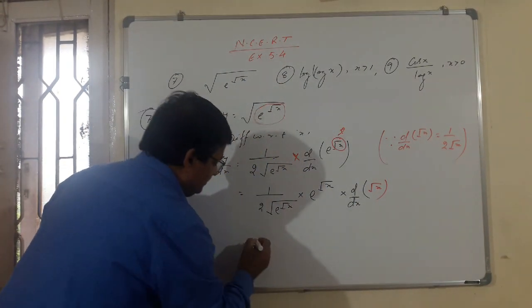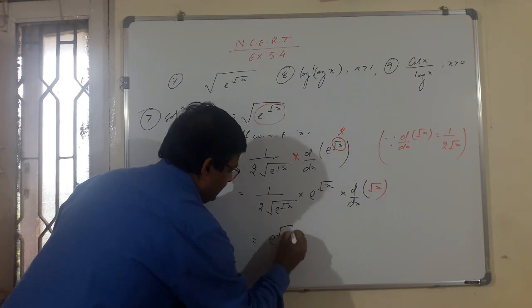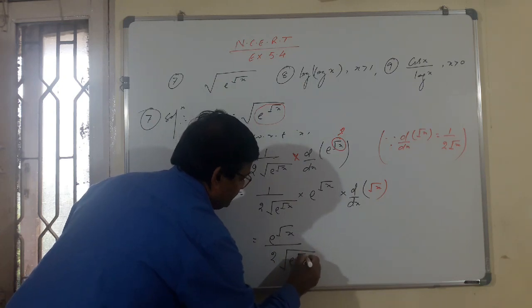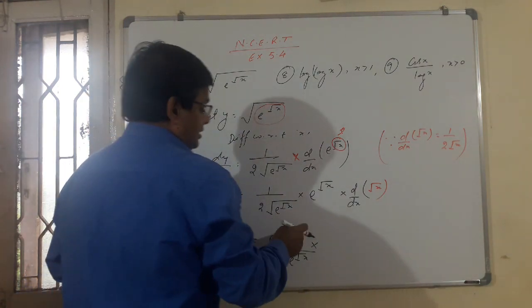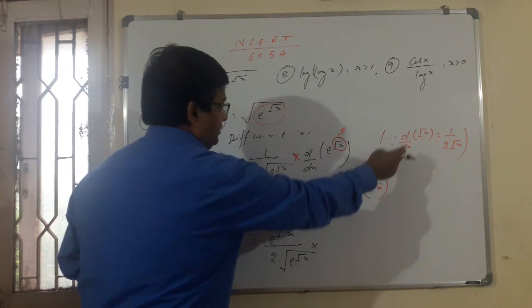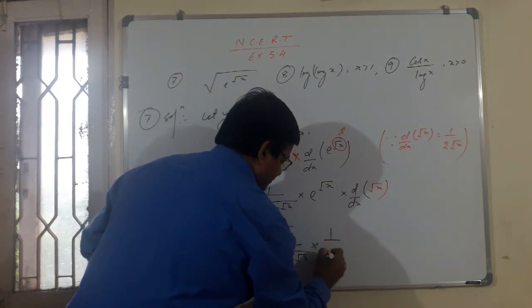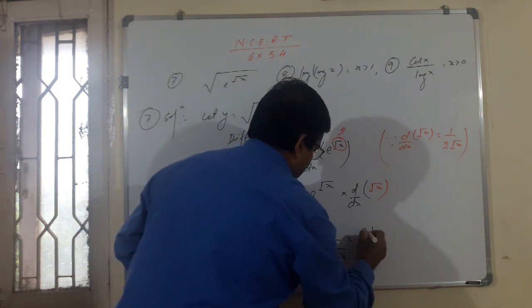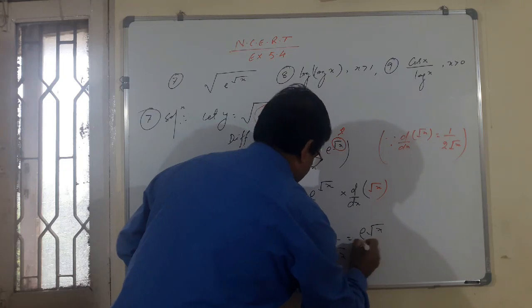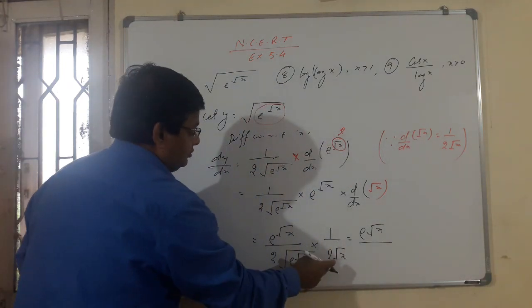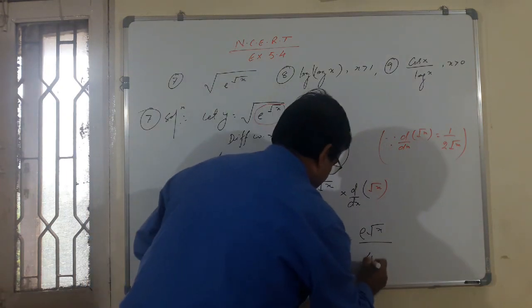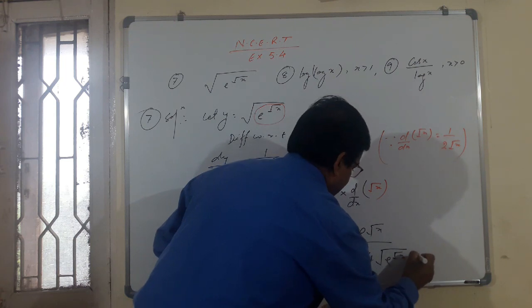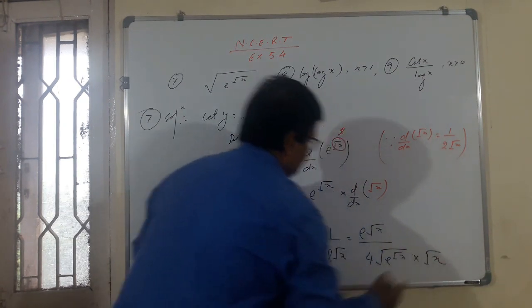So this becomes e raised to the power root x divided by 2 square root e raised to the power root x into, now differentiation of root x is 1 by 2 root x. So this becomes e raised to the power root x divided by 2 into 2, 4, root e raised to the power root x into root x.